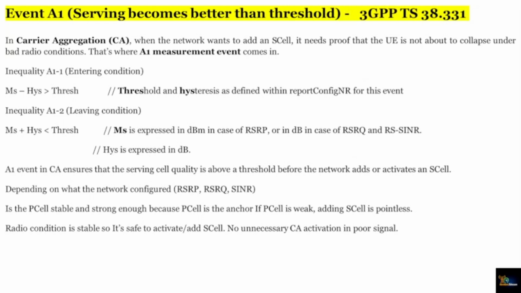If it becomes minus 87 or so, it will be a leaving condition. Measurement is expressed in dBm in the case of RSRP. If the measurement considered is SINR, it is expressed in dB. Hysteresis is expressed in dB here.